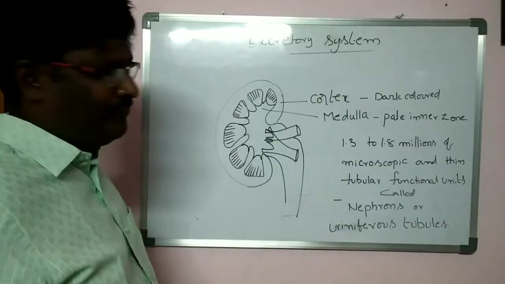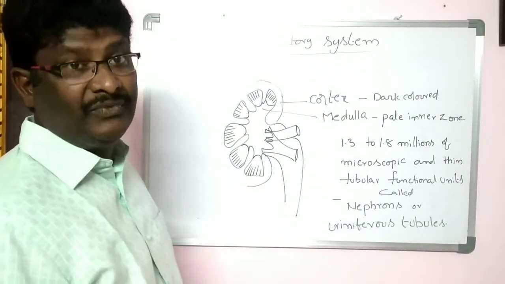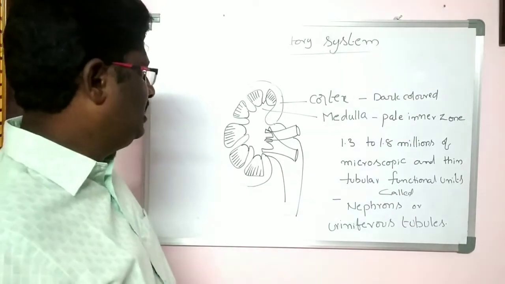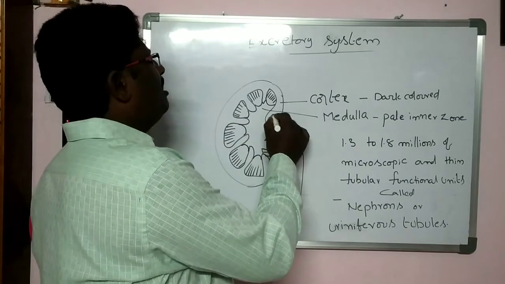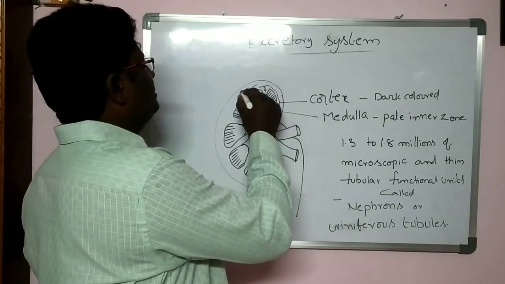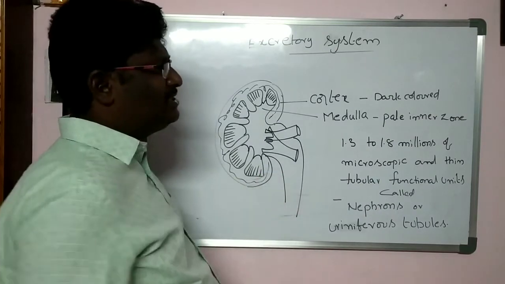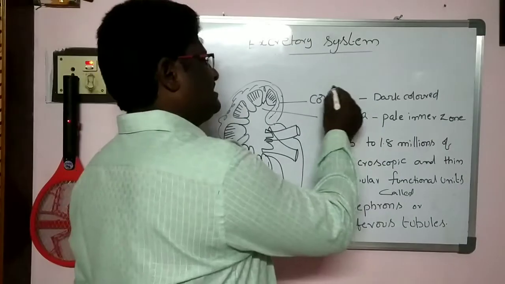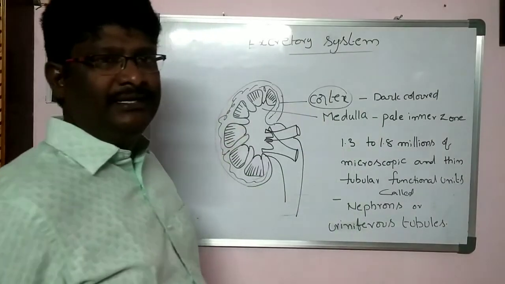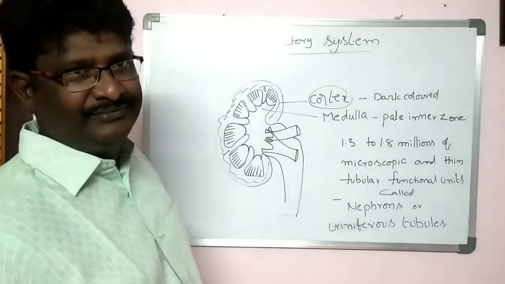This is the internal section of the kidney. If you observe, on the outer side there is a dark color zone. This dark colored zone is called the cortex.